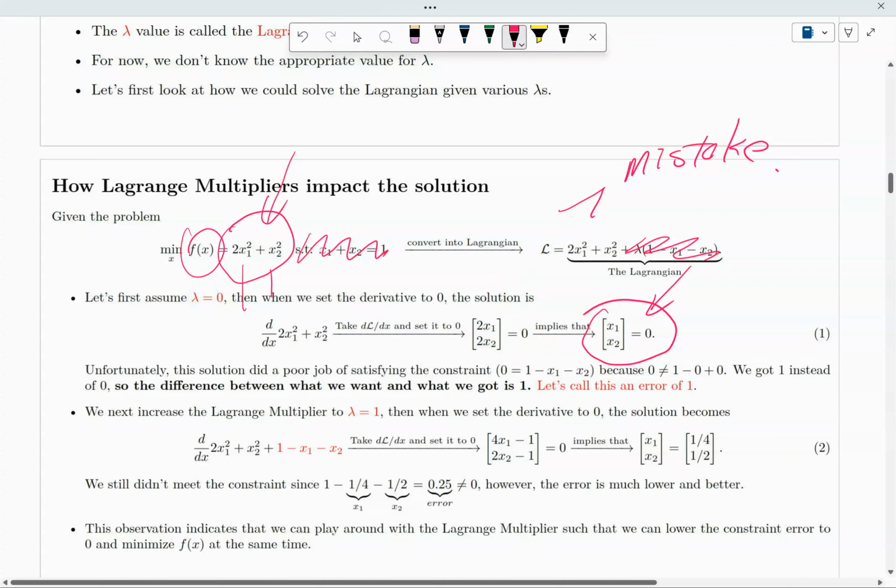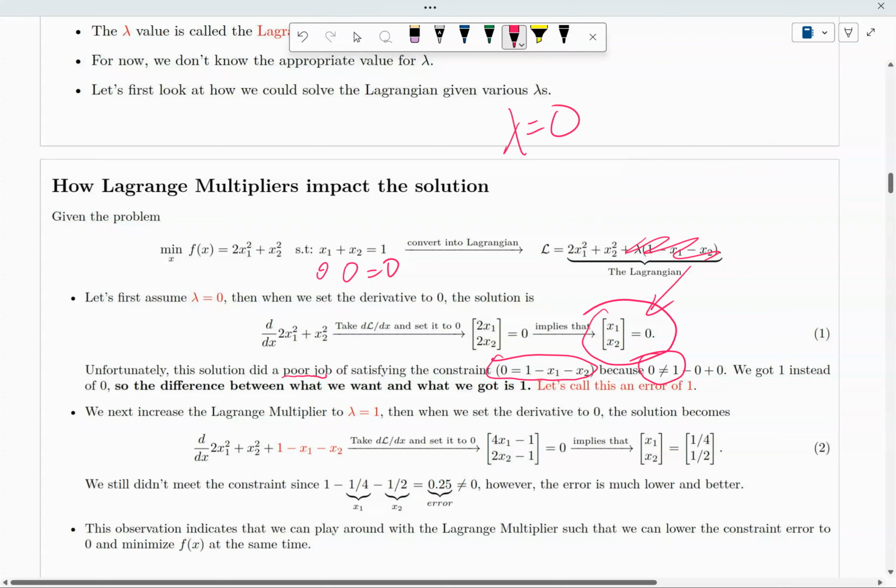That's what it's saying. Well, unfortunately, 0, 0 makes this as low as possible. It does a good job of that, but it did a poor job satisfying the constraint, right? The constraint is that these two add up has to equal 1. But if you have 0, 0, that's equal to 0. So 0 is obviously not equal to 1. So if we pick 0 for lambda, then the optimal solution for x1, x2 is equal to 0, 0.